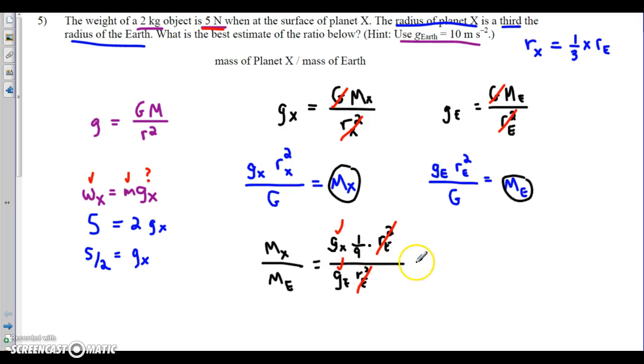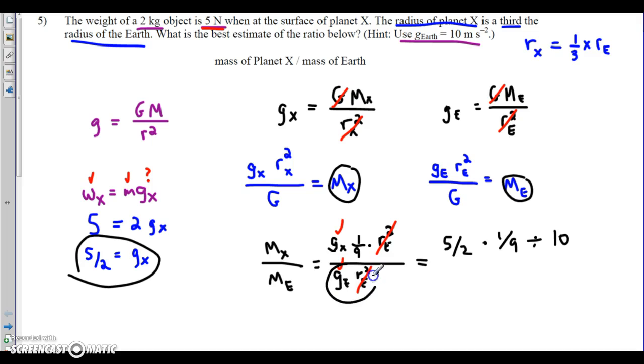So you plug in for gx. What's gx equal to? It's 5 halves. You plug in, you've got your 1/9 right there, and then we're dividing by 10, right? We're dividing by g-earth. But when you divide by 10, that's no different than multiplying by the reciprocal. Dividing by 10 is just like multiplying by the reciprocal of 10.